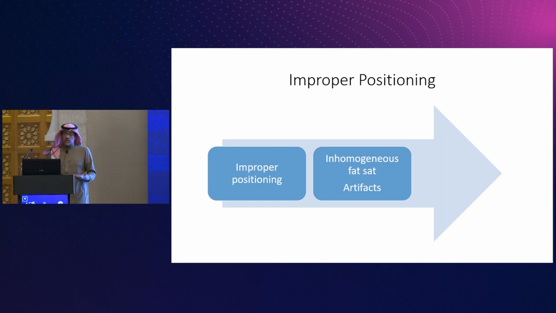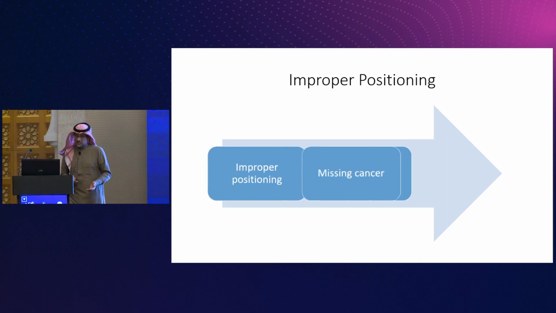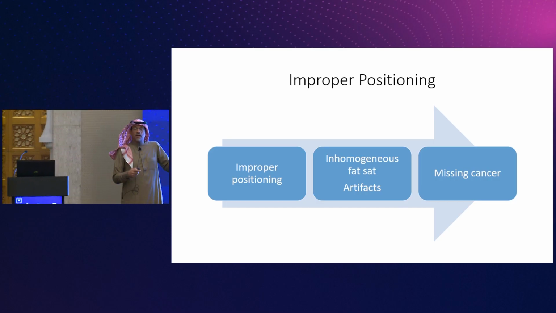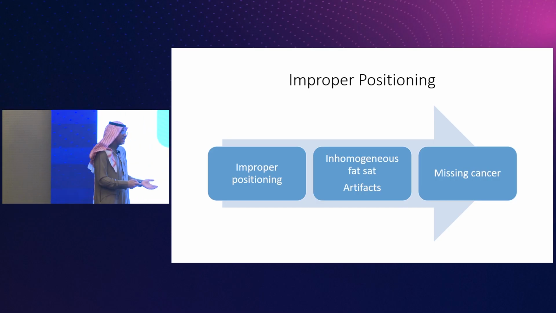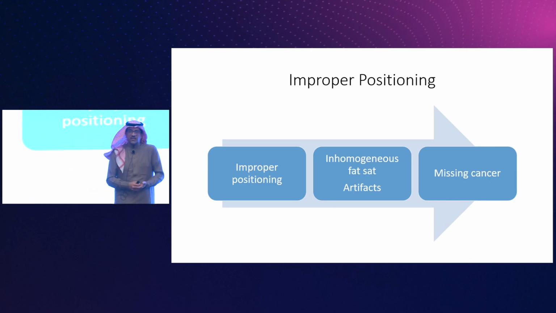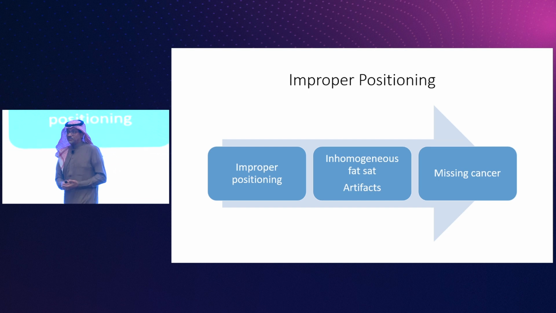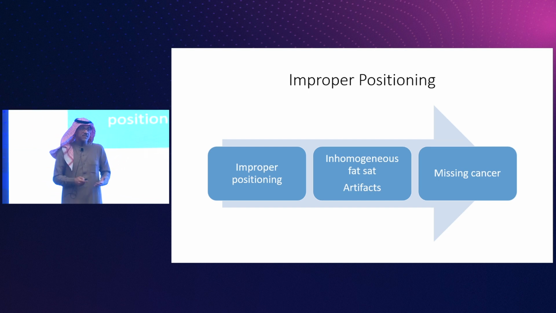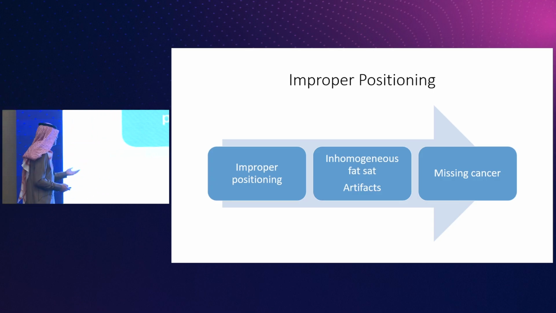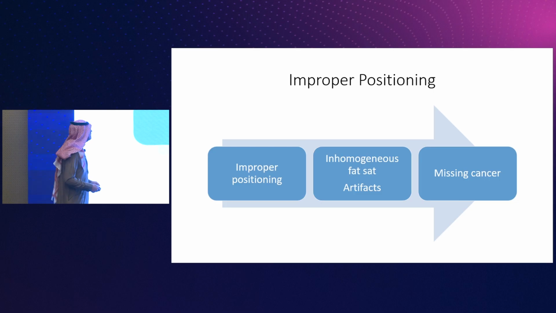Improper position also leads to artifact. And this is not from me. I was thinking to change it to say missing findings, but they wrote missing cancer. It's from the article. So maybe it looks weird, but this is a fact. It is documented that poor positioning might lead to missing cancer. And we will see some images in the coming slides.